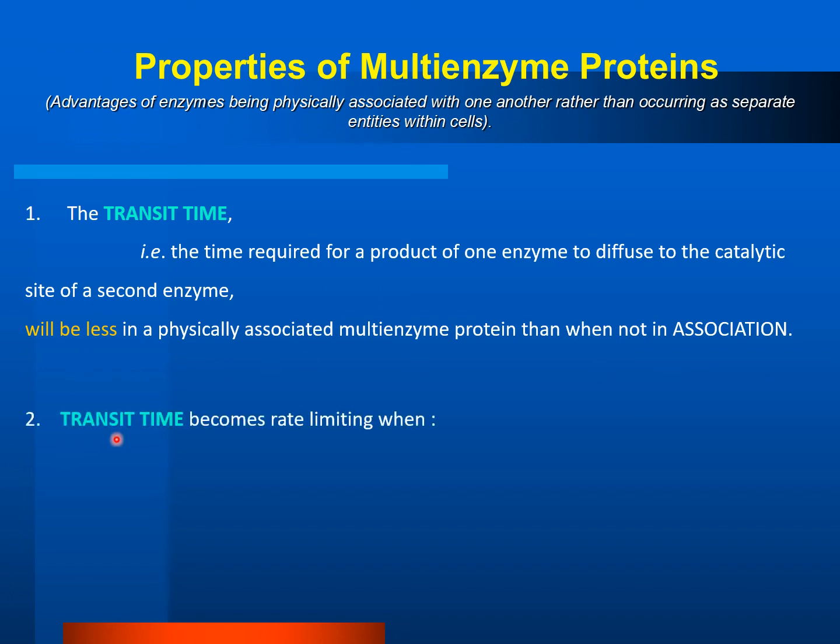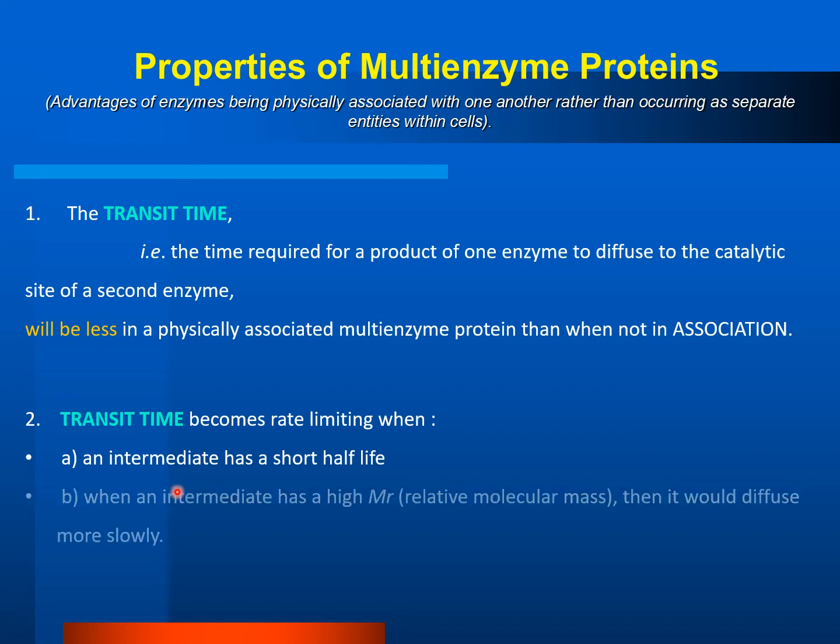Further, this transit time also becomes rate limiting when the intermediate has a short half-life, or when an intermediate has a high relative molecular mass, because then it would diffuse more slowly. So let us understand one by one.